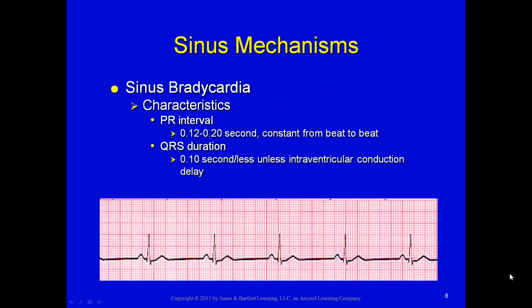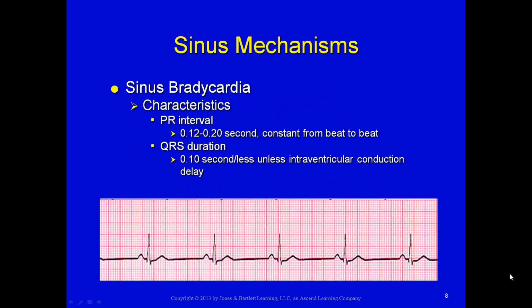You can see that the rhythm is regular. The rate can be determined using a variety of different methods. I like to use the 300, 150, 100, 75, 60, 50. This rate is 50. And you'll get comfortable with either counting the number of large boxes and dividing that into 300, or counting the number of small boxes and dividing that into 1500.